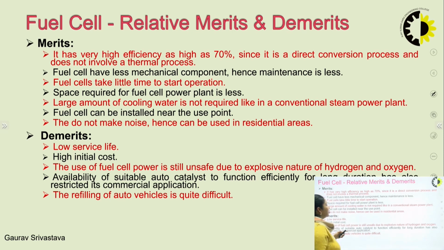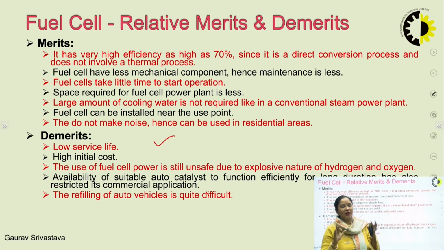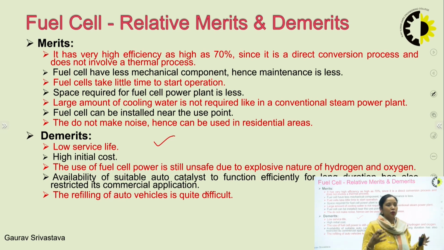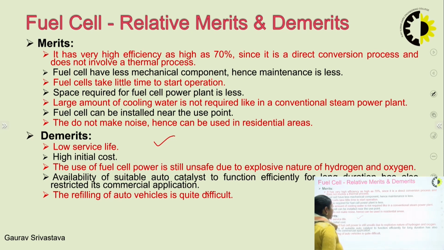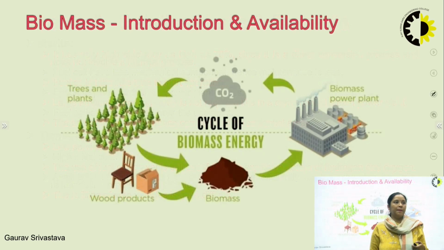They do not make noise, hence can be used in residential areas. Demerit is low service life. The use of fuel cells is still unsafe due to the explosive nature of hydrogen and oxygen. As you know, the sun is made up of hydrogen, and you have to maintain the quantity. The refilling of auto vehicles is quite difficult. These are some of the major demerits of using hydrogen in a cell.